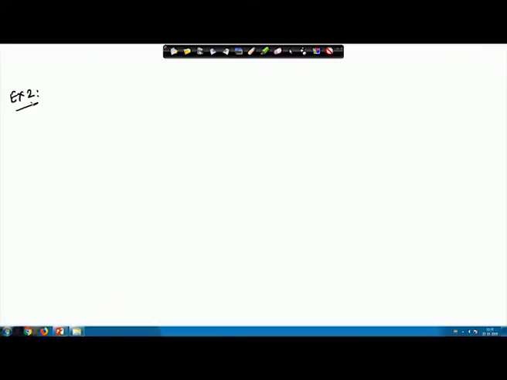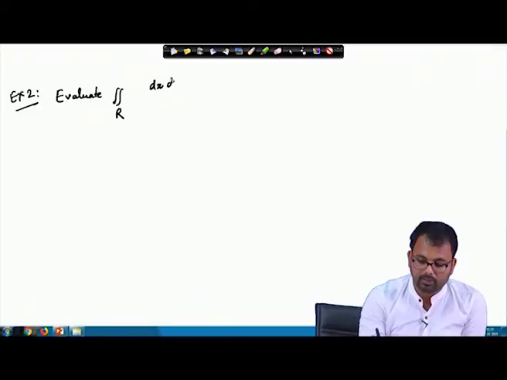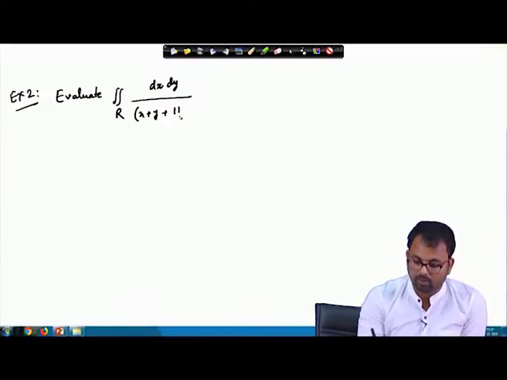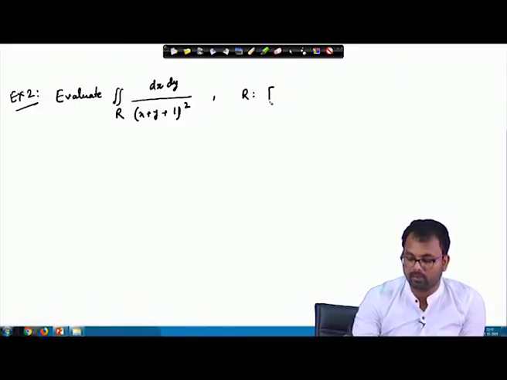So example 2, here it says evaluate the integral over the rectangle R of dx dy divided by (x plus y plus 1) whole square, where the rectangle R is defined as 0 to 1 times 0 to 1.